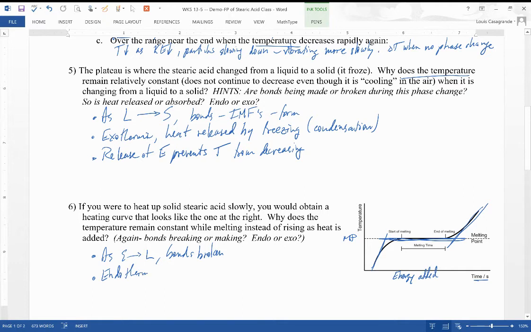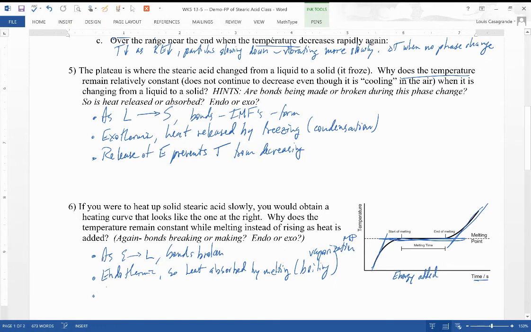So it's endothermic, so heat is absorbed by melting. And we'll also see that happen. That says melting, not molting. Let me fix that. Melting. That also happens when we talk about boiling or vaporization. Boiling is just a certain form of vaporization.